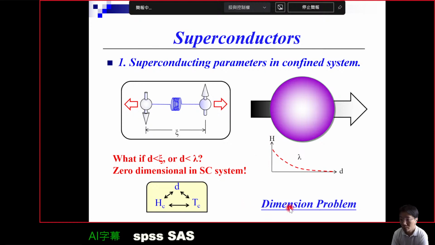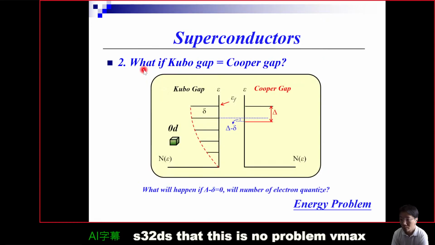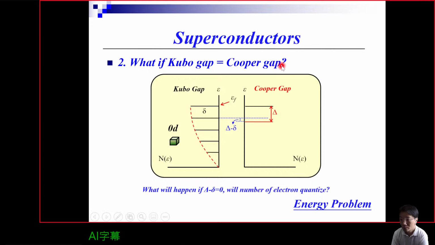So this is a dimensional problem, we may ask. And the other thing is, we know two electrons will combine to become a Cooper pair. When they become a Cooper pair, their energy will be lower than the normal state electrons. So this gap we call the Cooper gap.